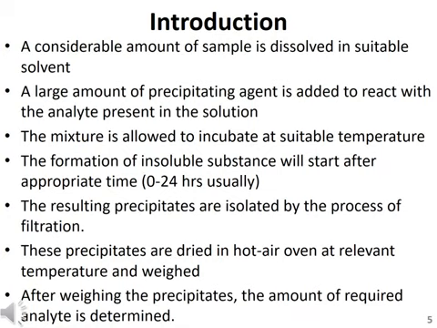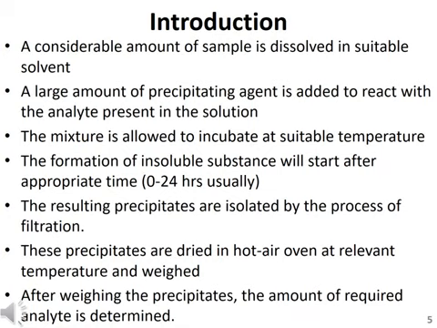In this filtration process, we use a filter paper of specific properties. The use of filter paper depends upon the size of the precipitates. And after separation, these precipitates will be freed from the moisture.